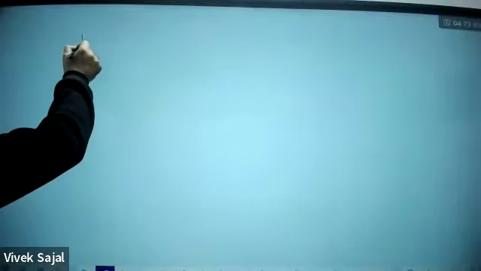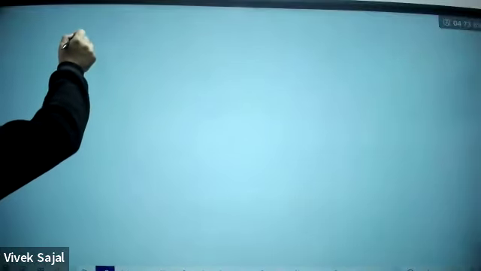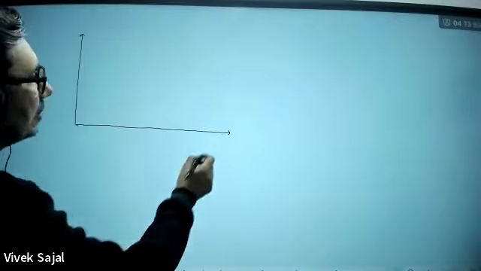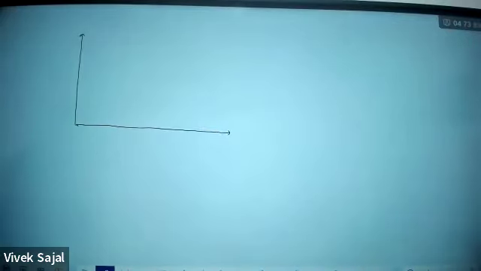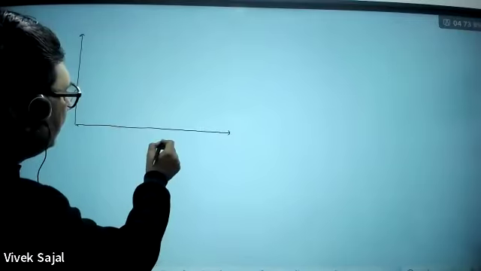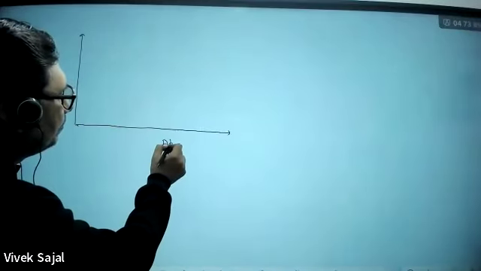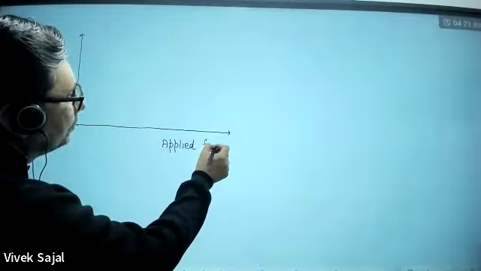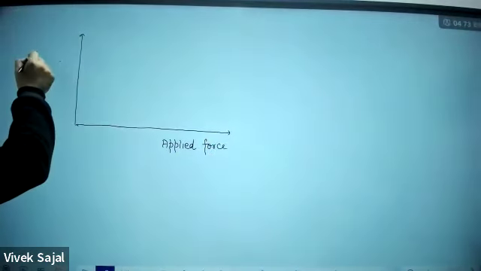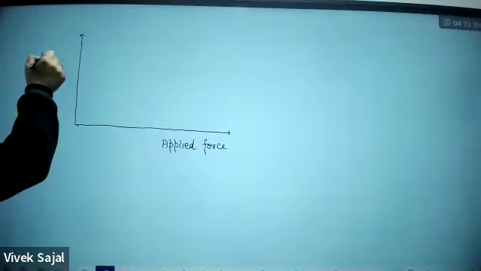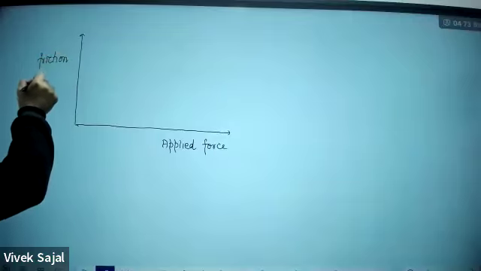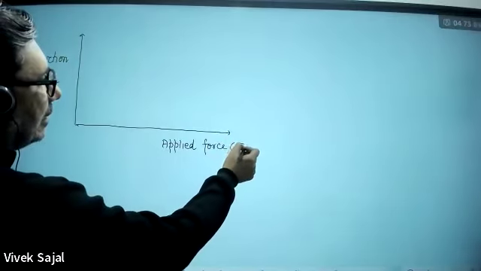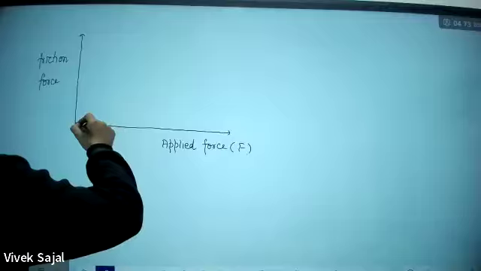Here, if I draw a graph, try to understand. On one axis I write the applied force F, and on the other axis the friction force. As you increase F, the friction force increases.